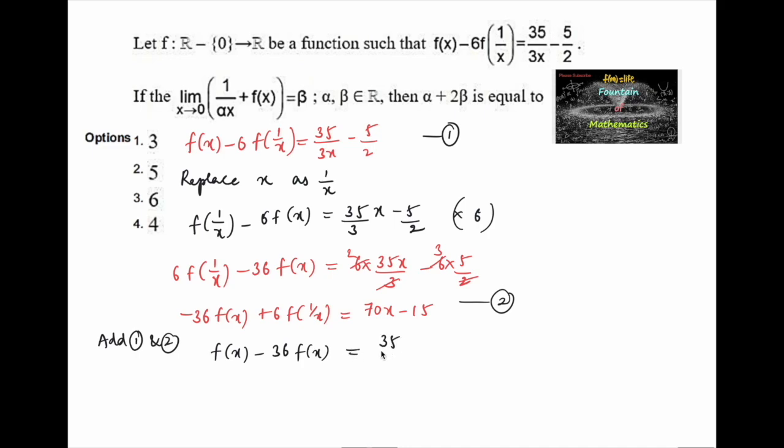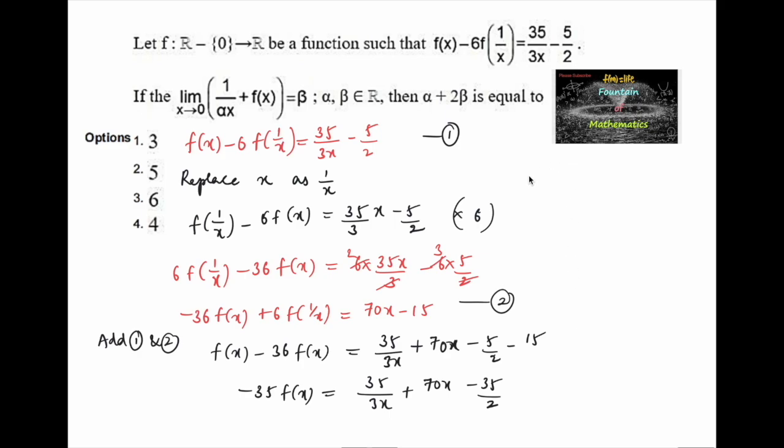and on the other side 35 upon 3x plus 70 times x minus 5 by 2 minus 15. So we can write minus 35 times f of x is equal to 35 upon 3x plus 70 times x, and here it is minus 35 divided by 2.